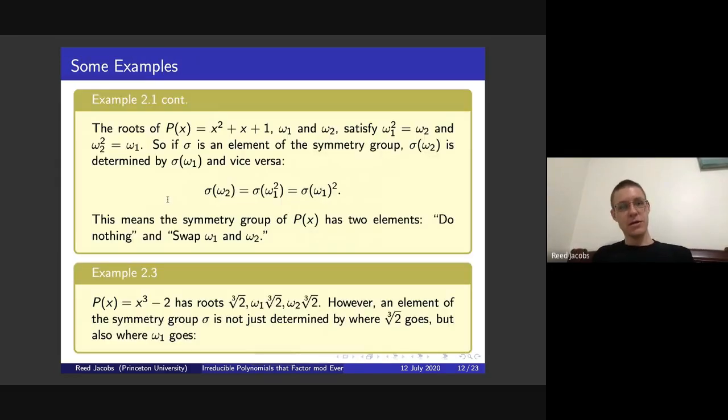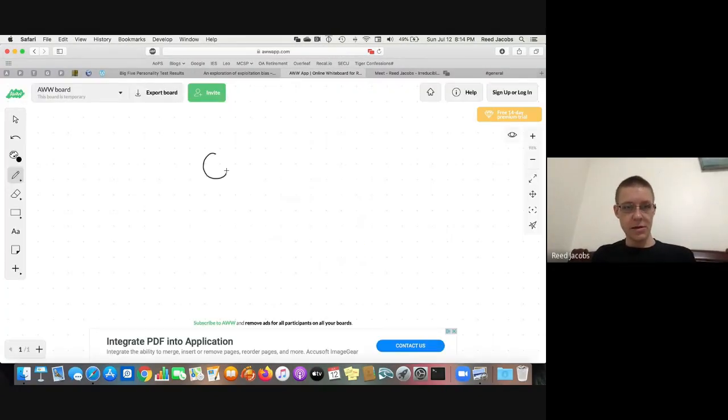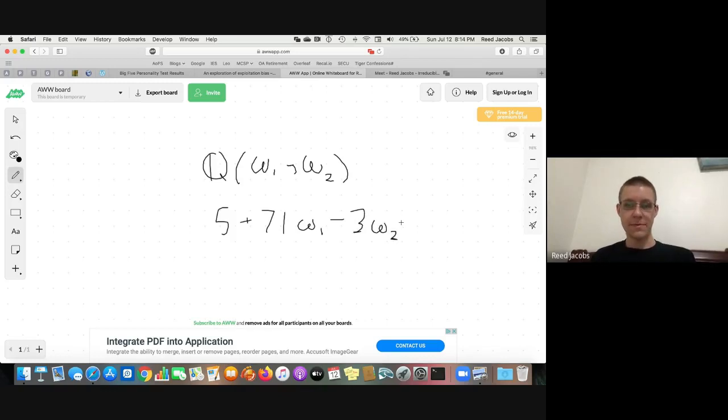And so that means that for this example, that set is all sums, products, differences and quotients that you can form with the rational numbers, omega 1 and omega 2. So you would get things like 5 plus 71 omega 1 minus 3 omega 2 omega 1.